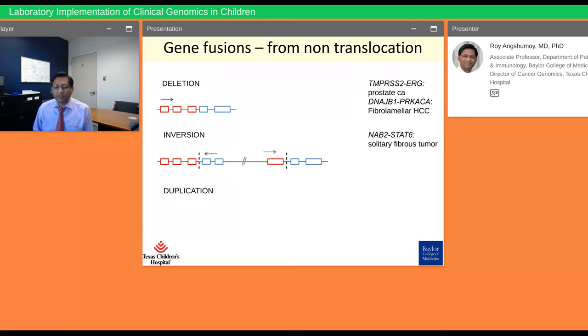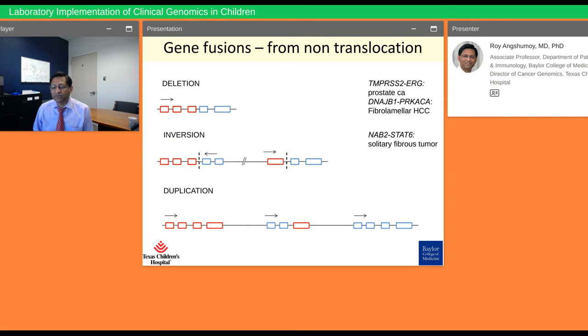There are also intrachromosomal duplication events that can lead to these fusion genes. In this example, you have, again, two genes on the same chromosome and in the same orientation. You have a segment intervening between these two genes that gets duplicated, or has an extra copy formed. And then that extra copy leads to transposition of these sequences.